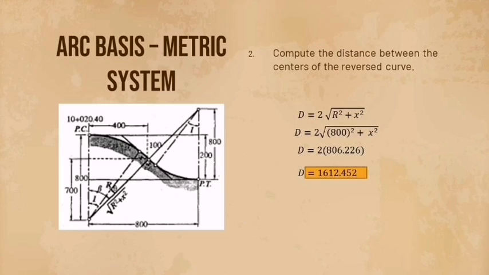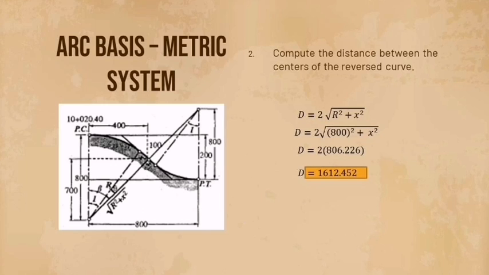So, for number 2, compute the distance between the centers of the reverse curve. Distance equals 2 times the square root of r squared plus x squared. Again substitute, for the radius it is 800.